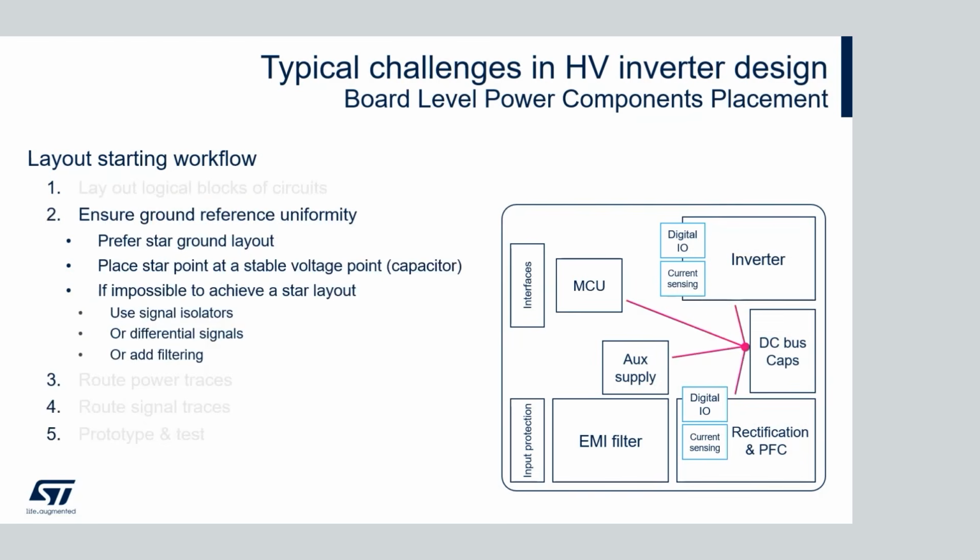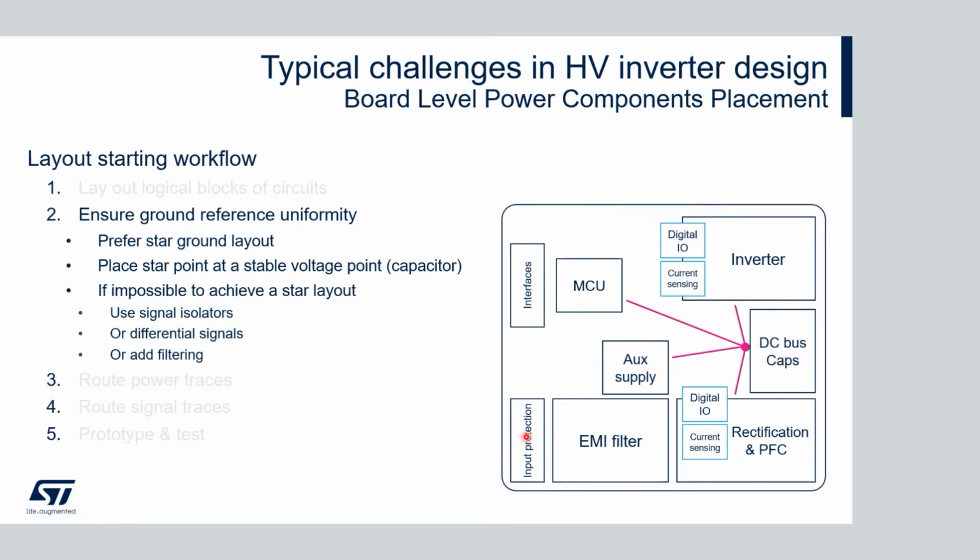Next step is, in my opinion, one of the very important ones, and that is to ensure ground reference uniformity. This means that if you design your board to have multiple ground regions, for example, if you prefer to have separate grounds for the digital and analog circuitry, then it's important that these two regions, although they are a little bit separated, have the same potential, or as close as possible to this situation.